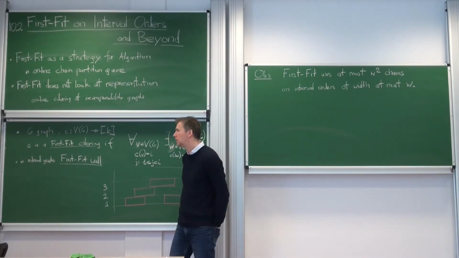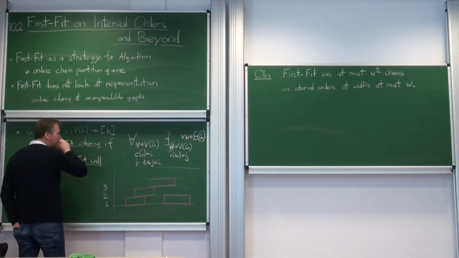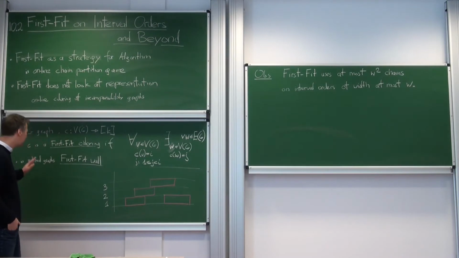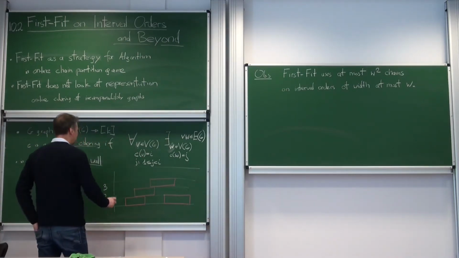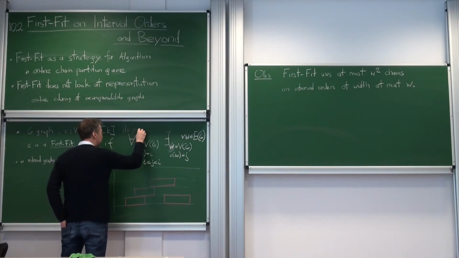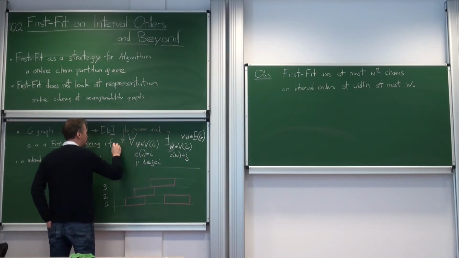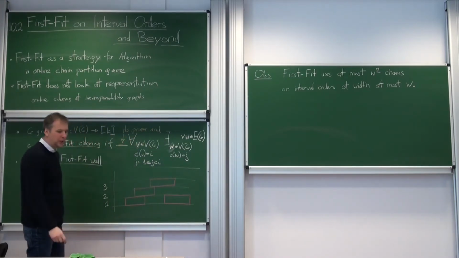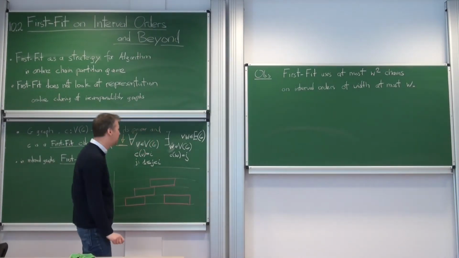Given a graph G and a coloring of its vertices into k colors, this coloring is a first fit coloring if it's proper and we have this supporting property.